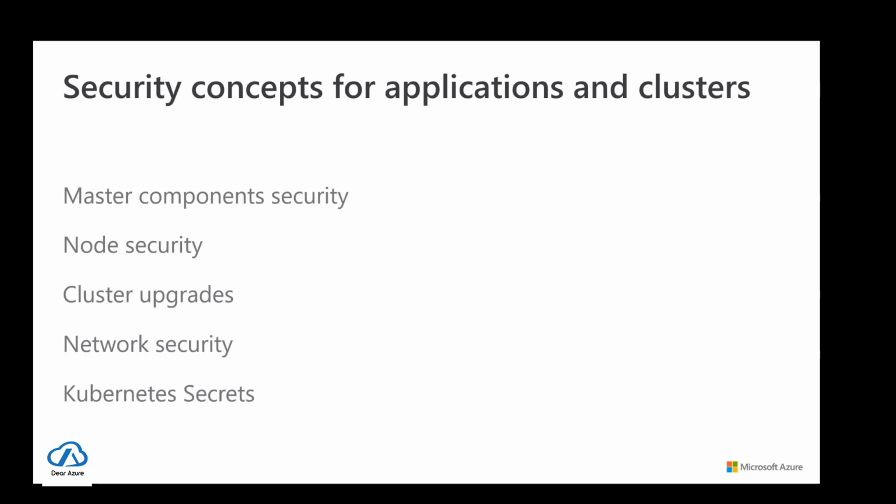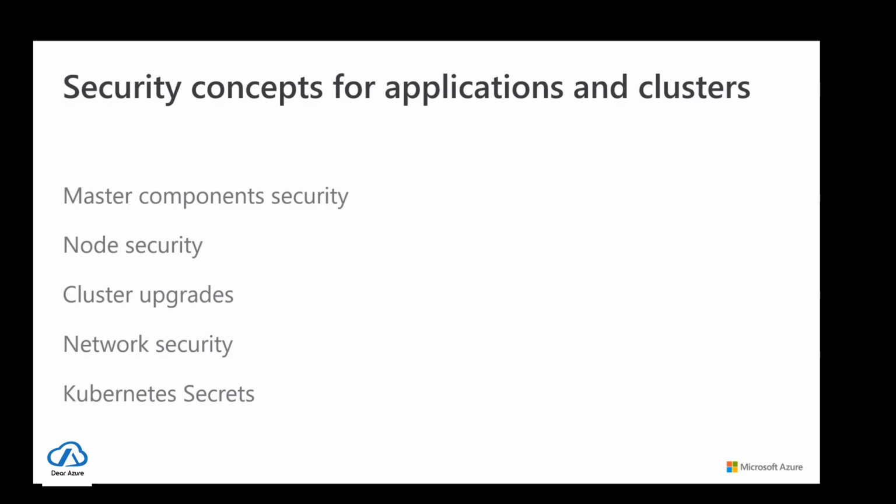Now, Kubernetes includes security components such as network policies and secrets. And Azure, more specifically, adds on top of network policy and secret some other components related to security, mainly for orchestrating or managing security from a cluster perspective.